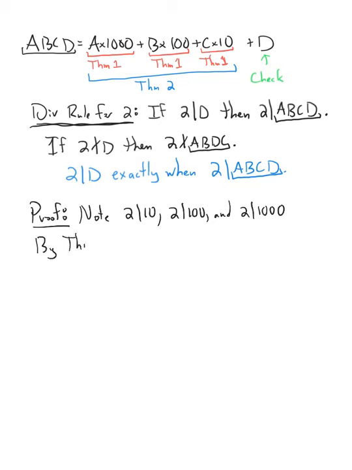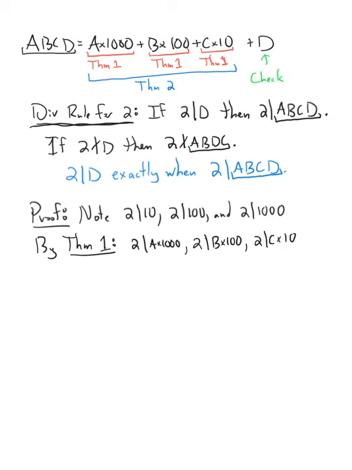So by Theorem 1, if you don't remember what Theorem 1 says, go back and have a look at it, but the long and short of it is that if A is a factor of B, then A is a factor of any multiple of B. So by Theorem 1, we have that 2 is a factor of A times 1,000. That's a multiple of 1,000. 2 is a factor of B times 100. That's a multiple of 100. And 2 is a factor of C times 10. All right, so we know those things.